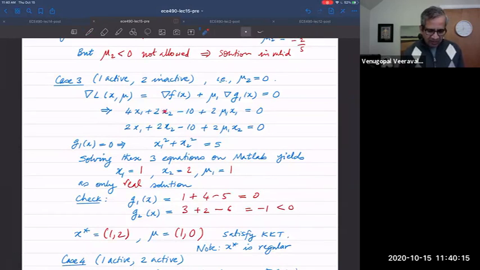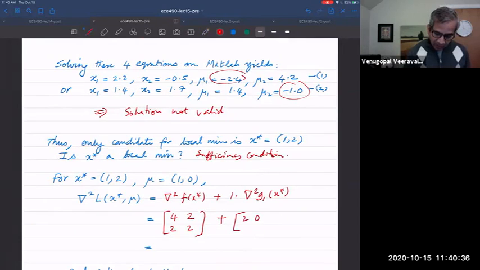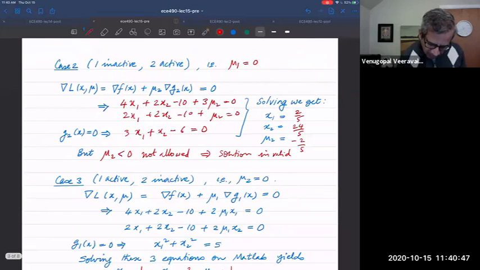The cross will give me a 2, and then this will give me a 2. And then for the gradient of g1, if you take another derivative here, you get 2 there, and 0 off the diagonal. So this is easy to compute: 2, 0, 0, 2. Is it? No, sorry, is it 2? Yeah, it's 2, right? It was 2, yeah, that's right, it's 2.